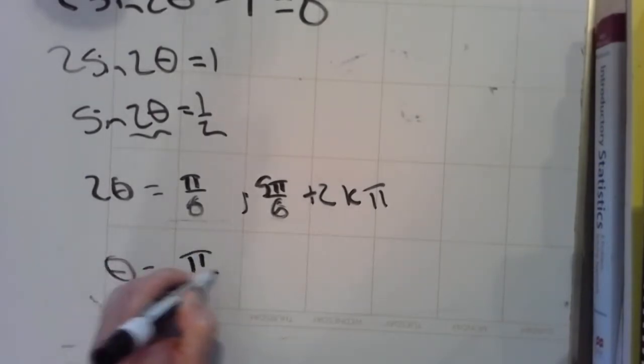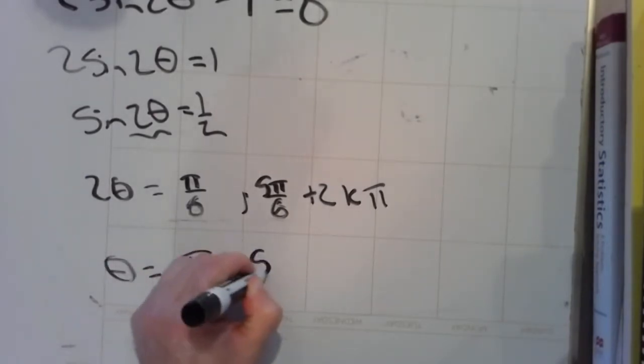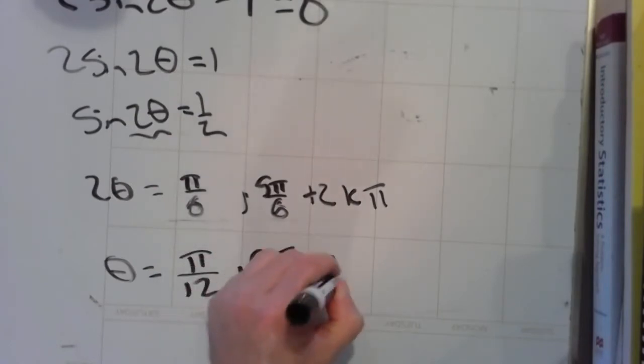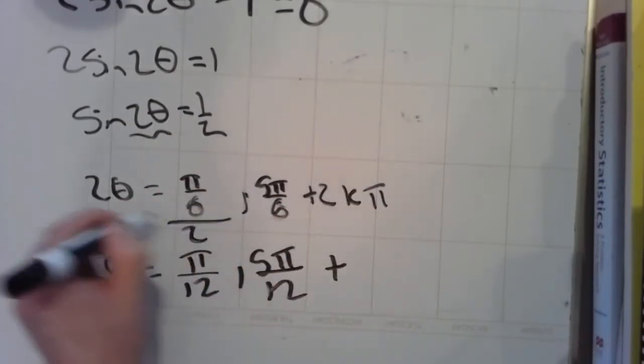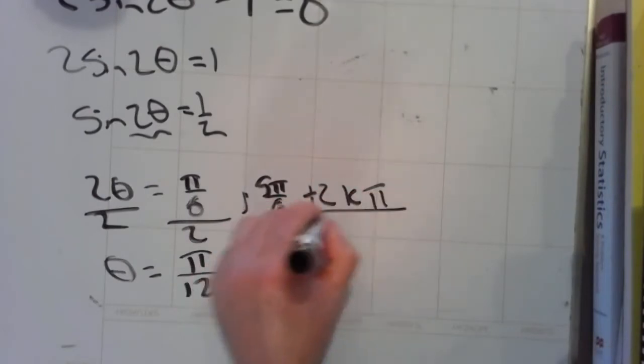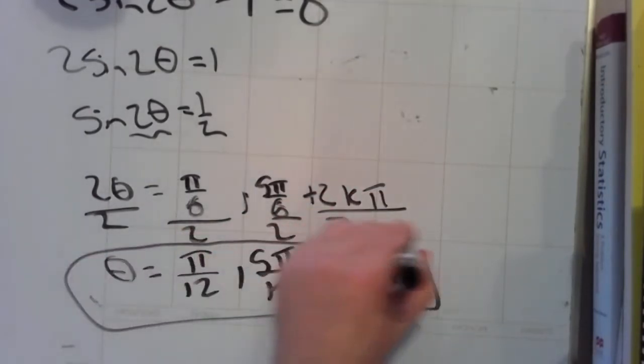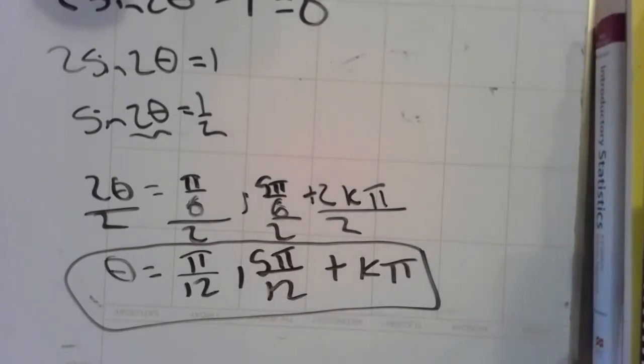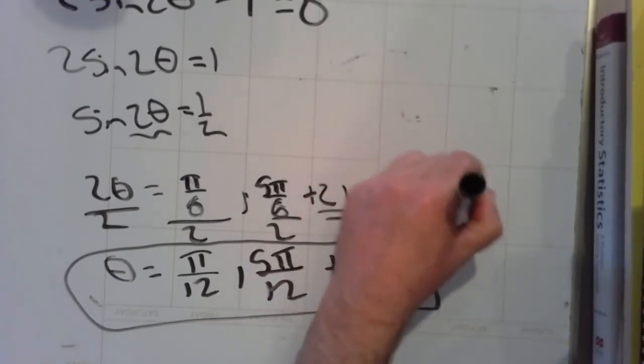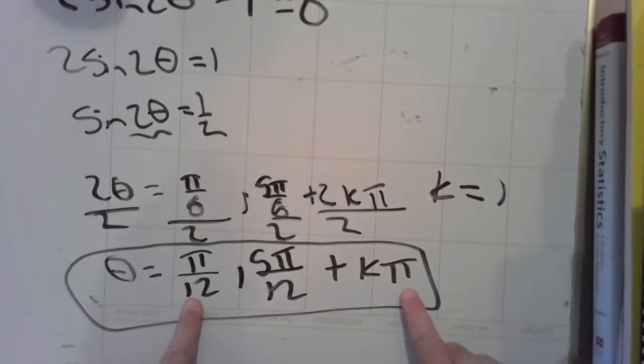So I get pi over 12, 5 pi over 12, plus, dividing everybody by 2 here, plus k pi. This still generates all the same solutions. For example, if I let k equal 1, so when k equals 1, I'm going to take this guy plus pi.